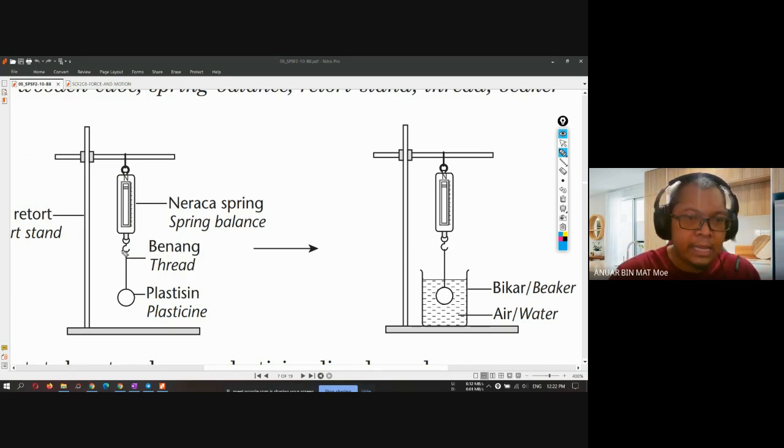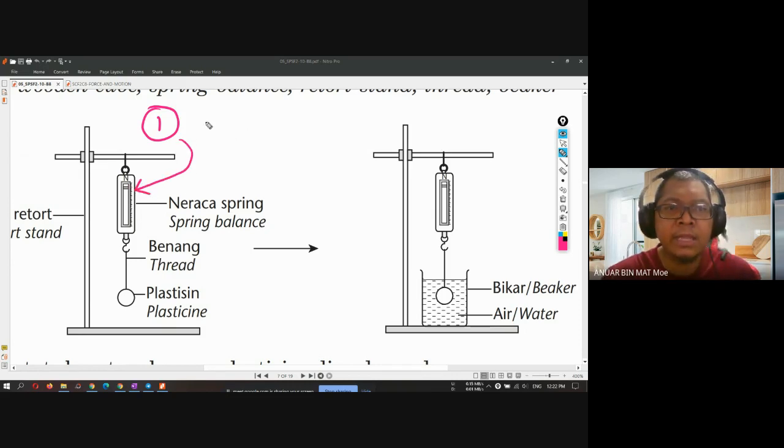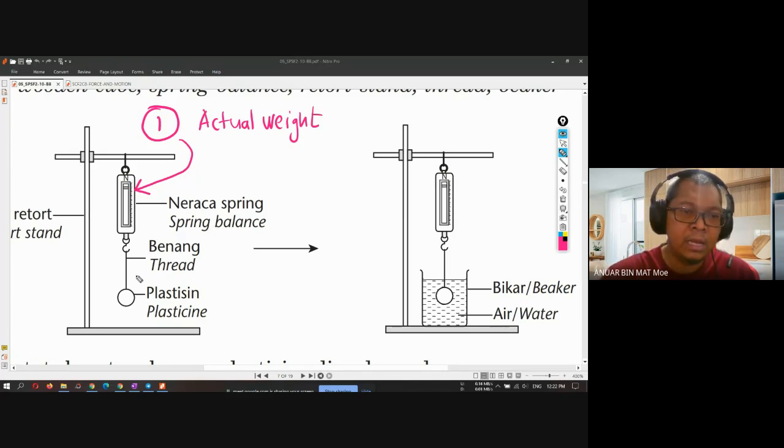First, you tie a thread to the object whose buoyant force you want to measure. For the first step, you take the reading from the spring balance. This is the actual weight, the actual weight from the spring balance outside the liquid.